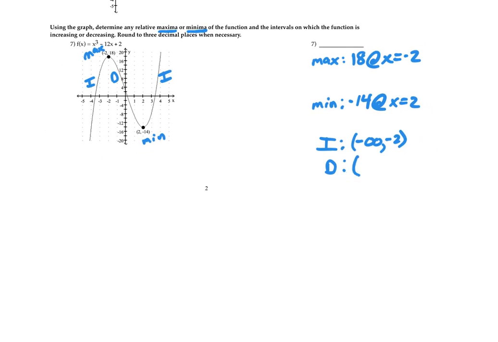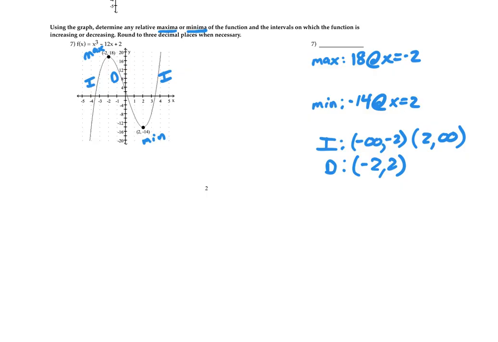It's decreasing in this middle part. So it starts to decrease at -2, and it continues to drop until it gets to +2. Only using x values. And then it's going to increase again from 2 to forever. Okay, so that's what your increasing and decreasing intervals look like.